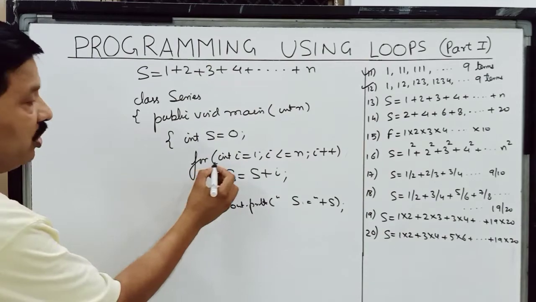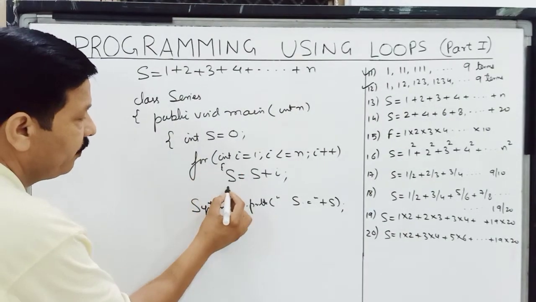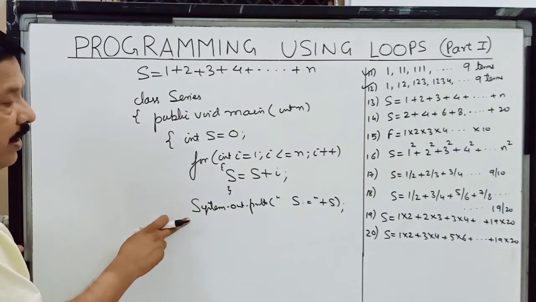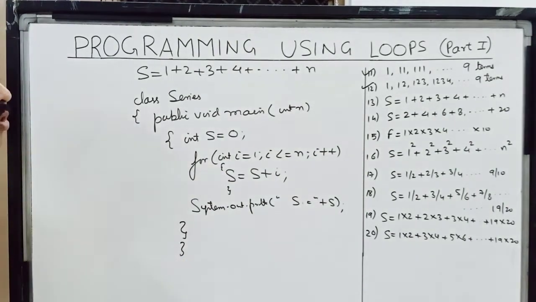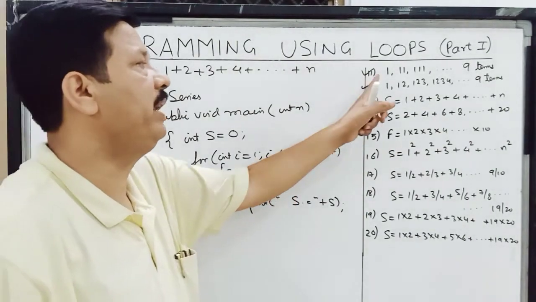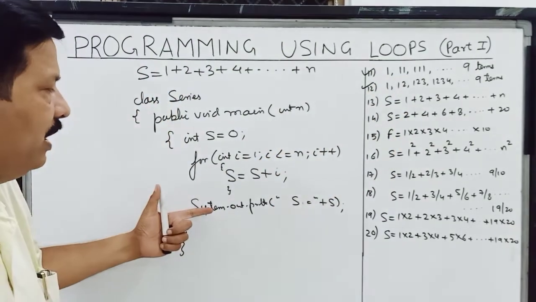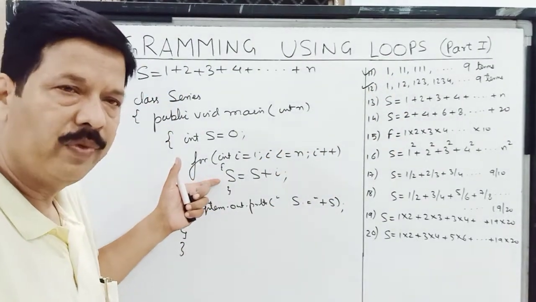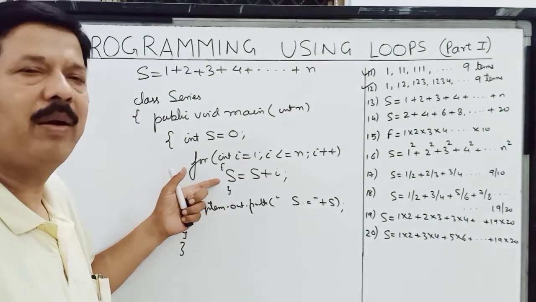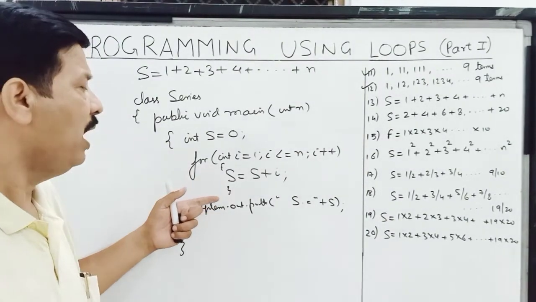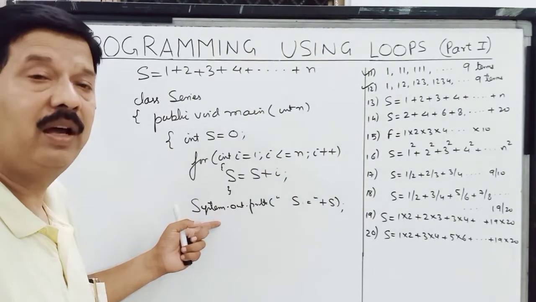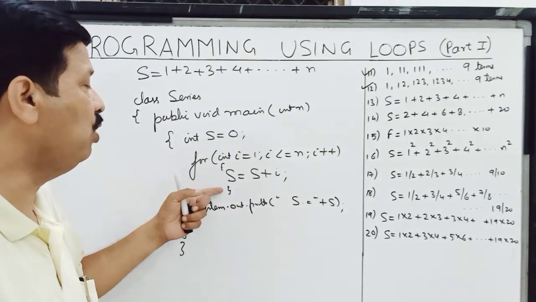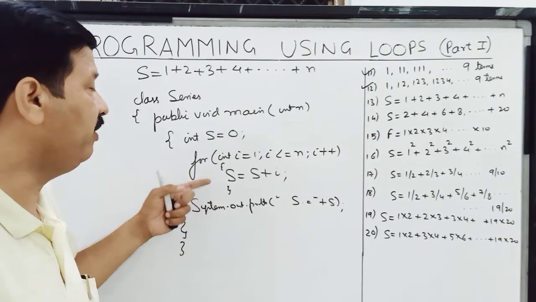So children, these are the braces which I have told, and my print statement here is now outside the loop. So you have to be very careful when you are printing the terms of the series. The print statement comes within the loop, and when you are calculating sum or product or any other value, and if it is only one answer, then the output is going to come outside the loop. So here I have shown this loop, but this output statement is going to come outside.